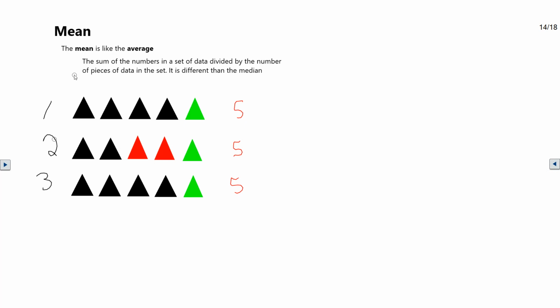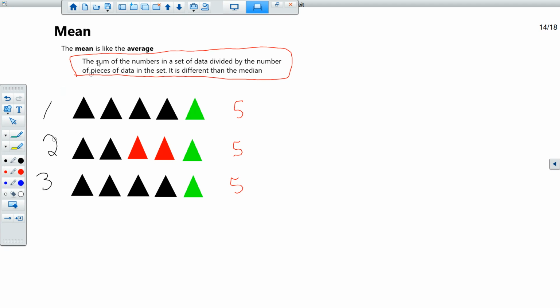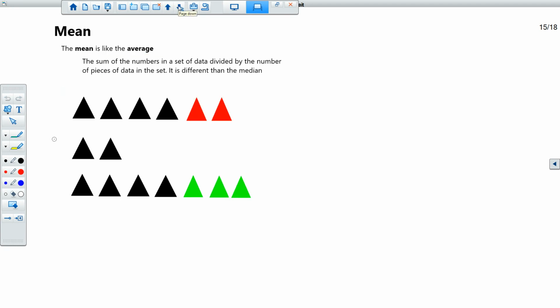This confusing example right here might end up being the easiest way later on when you're just dealing with mathematical numbers. So let's take that same example and do it again, except this time we're going to use numbers.